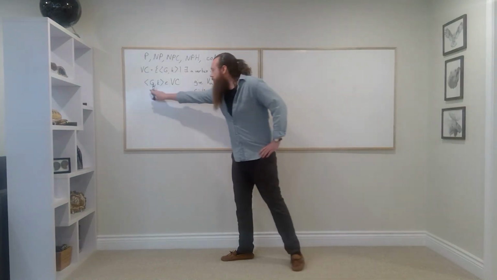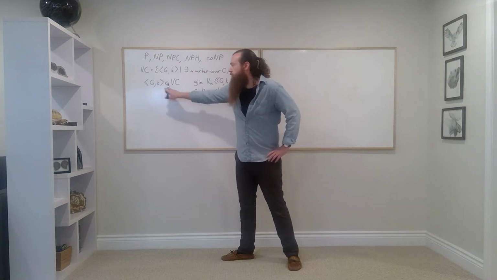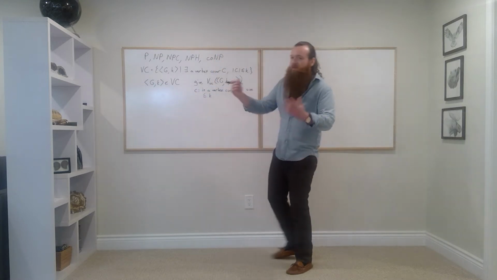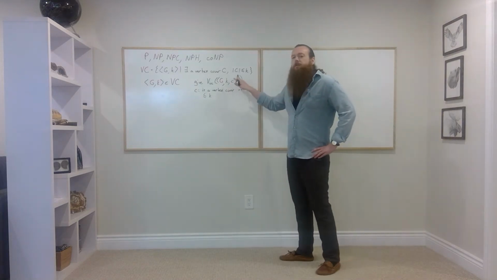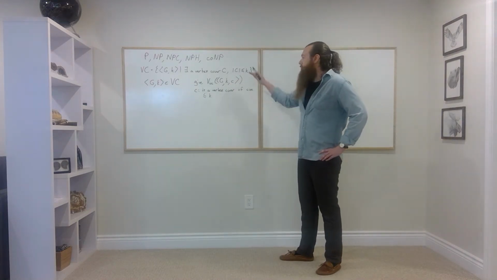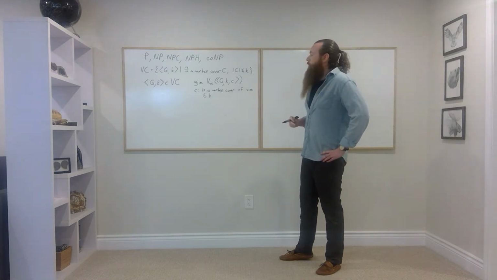So if this string, this encoding, is in this language, or if this graph and number is in this problem, same thing, then yes, there exists some other piece of information, a certificate or a witness, that I can supply to my verifier so it can verify it in polynomial time.